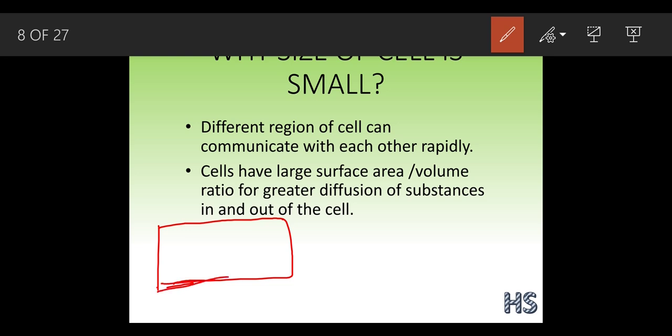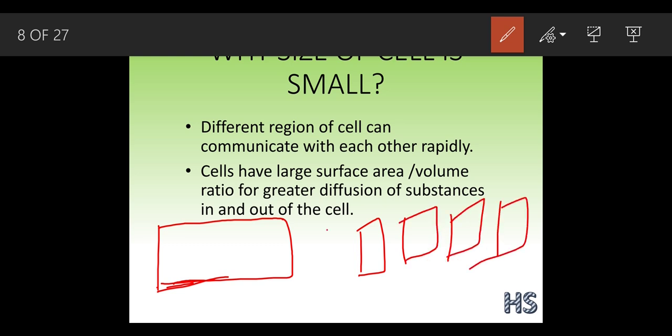Suppose I make slices of this bread, in small pieces like this. What is going to happen? Who is going to get baked very fast? These bread pieces are going to get baked very fast.